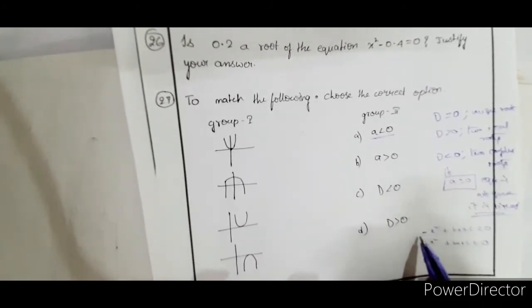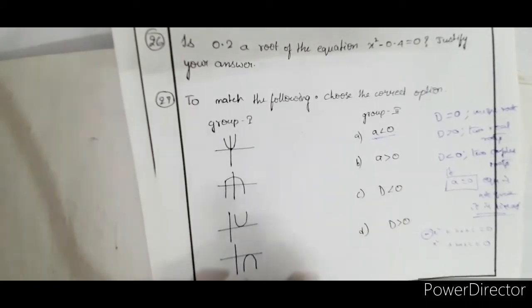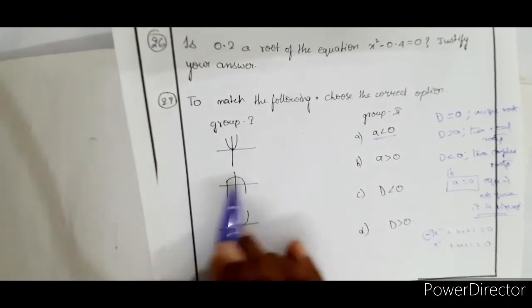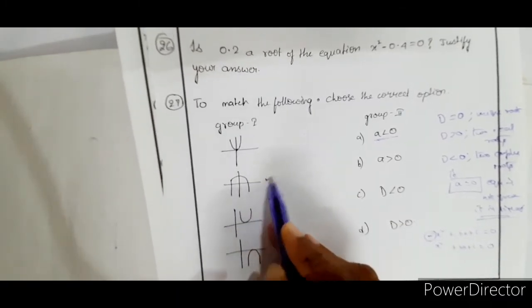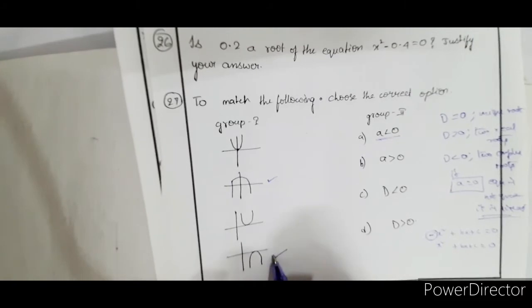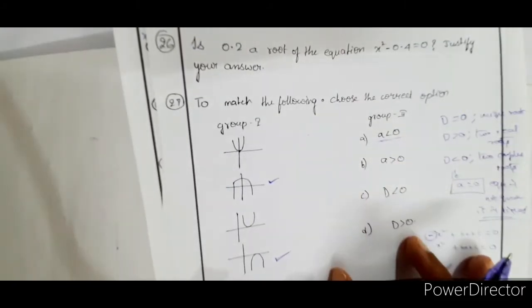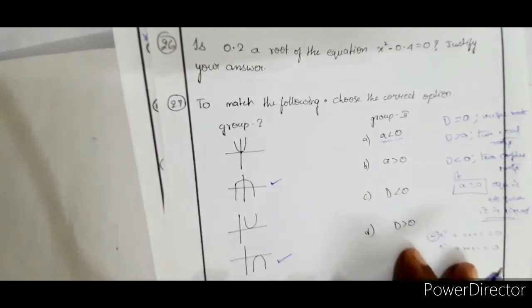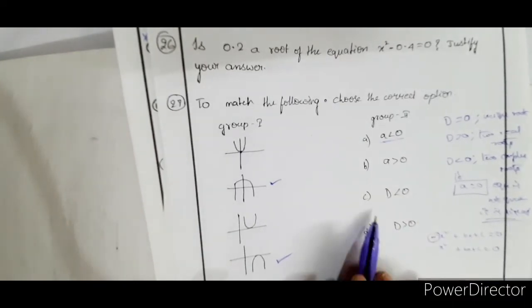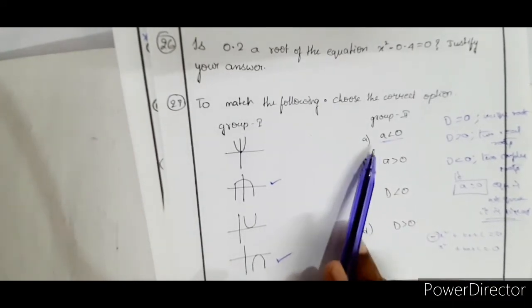Right. See, whenever the coefficient here is negative, then the curve should be downward open, right? Downward open. That means it can be like this or it can be like this, right? So here in the problem, we need to make a correction definitely, because with only one particular condition we can't do that.